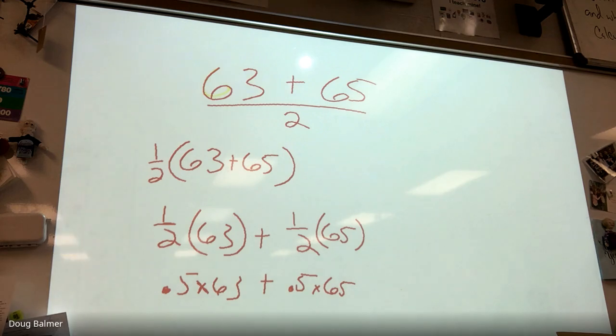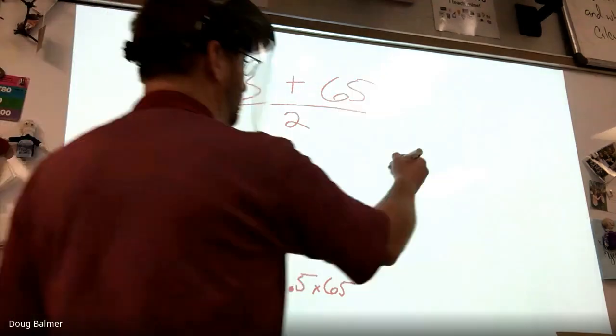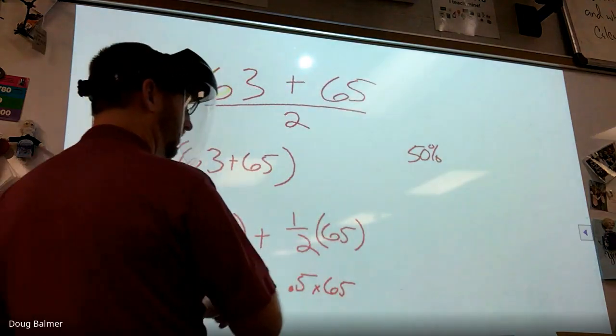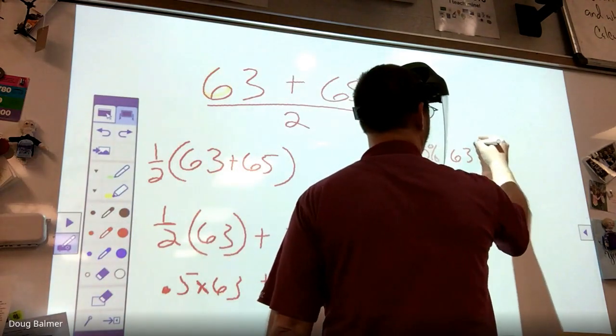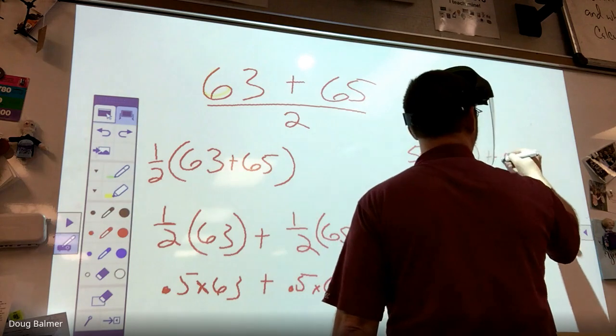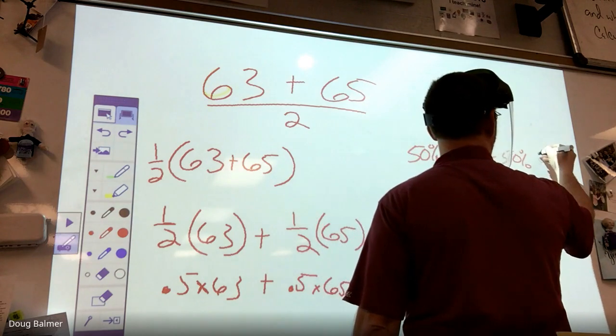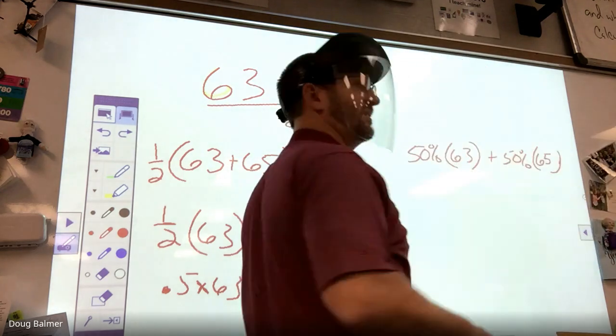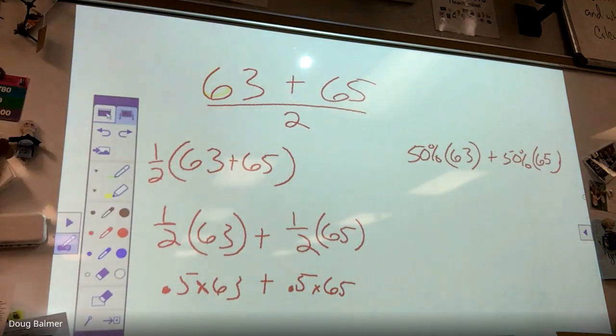Ooh, 50%. So what you're really saying is I could take 50%, as long as I write that as a decimal, times 63, and 50% of the number 65. Now, if you don't believe me, chuck that in the calculator. Make sure you still get 64. You will, but I just want to make sure that you understand that.